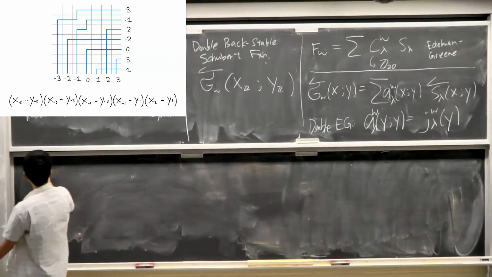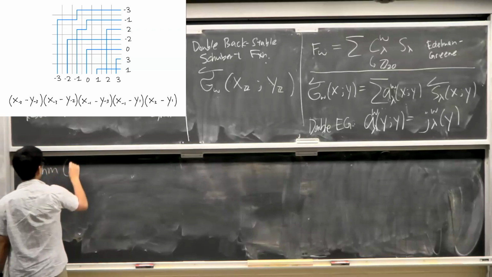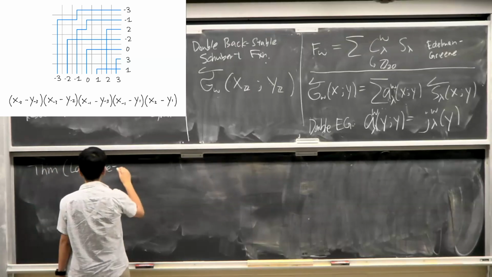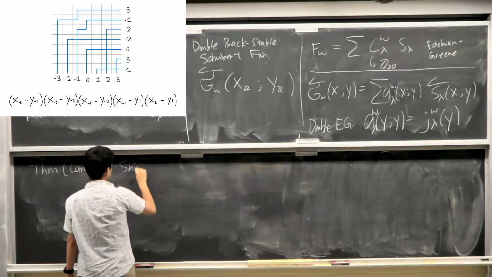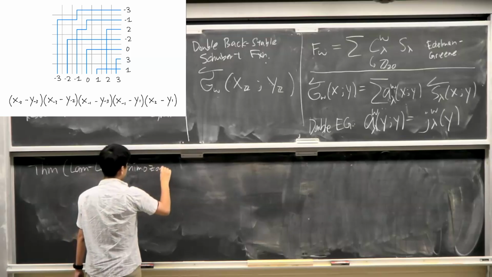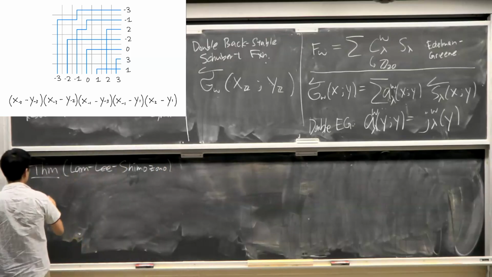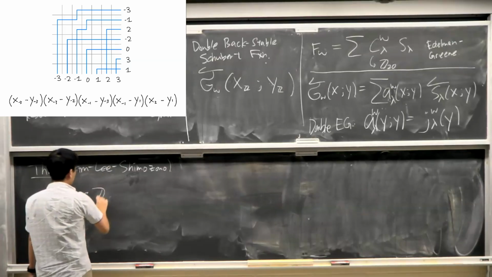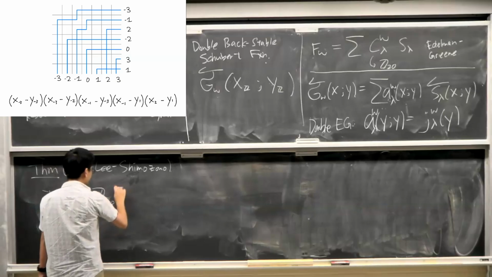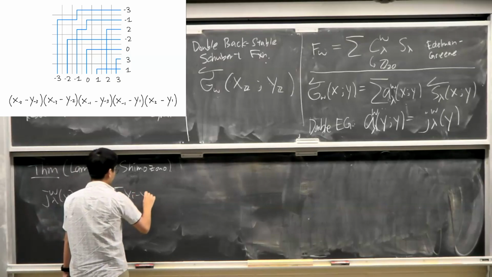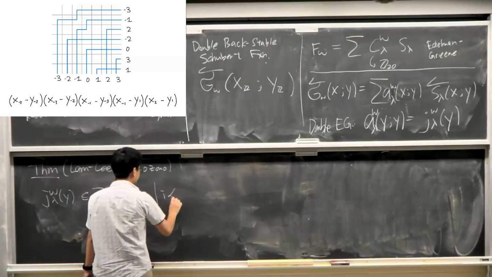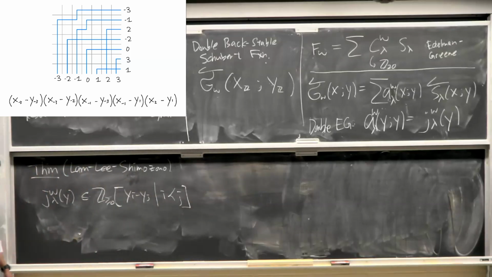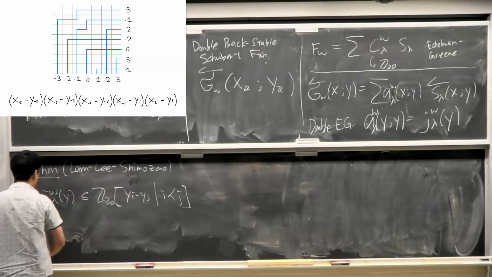These were introduced by Lam, Lee and Shimozono, and they showed some very nice positivity property of these coefficients. They show that these j coefficients are non-negative spans of linear forms y_i minus y_j, where i is less than j in a special total ordering where all the positive numbers are smaller than all the negative numbers.